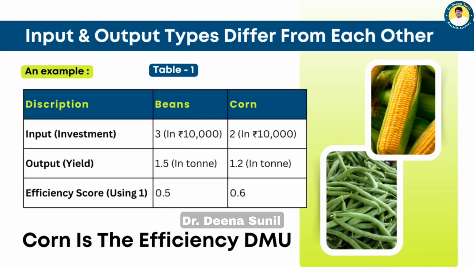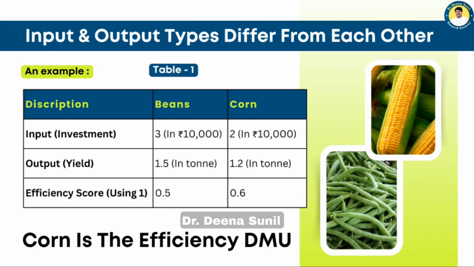Consider one special case: in input, 3 units is for beans and 2 units is for corn. Instead of currency, if there is any other different type in the input value for corn, then we can't apply the efficiency formula.